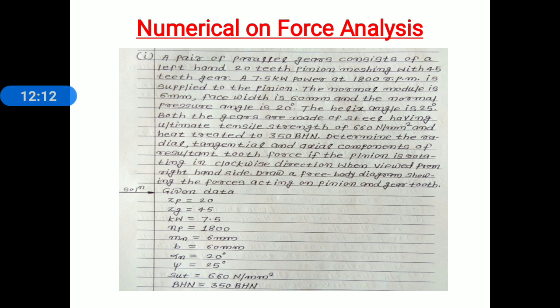Normal pressure angle alpha suffix N is equal to 20 degree. Helix angle psi is equal to 25 degree. SUT, the ultimate tensile strength of the gear material, is 660 Newton per mm square, and the hardness is BHN 350.